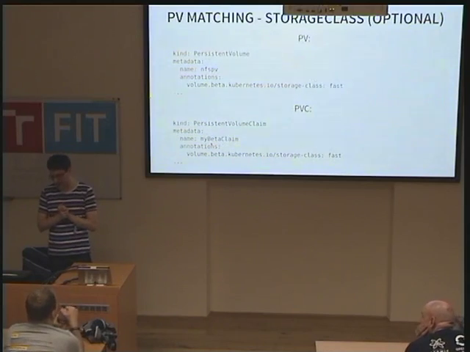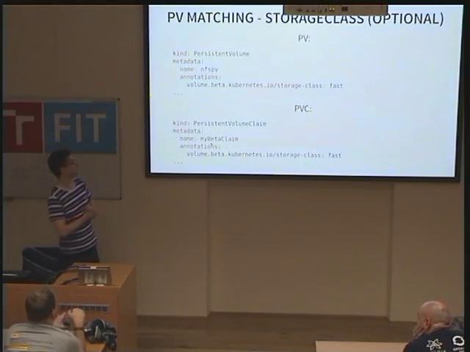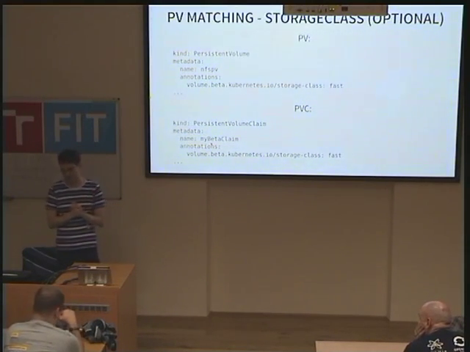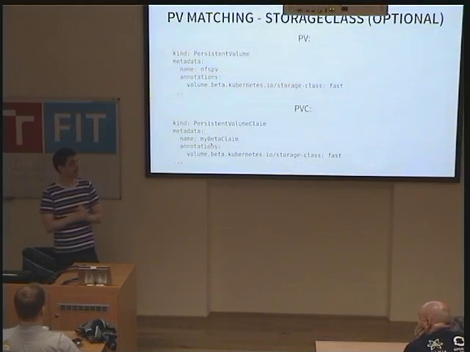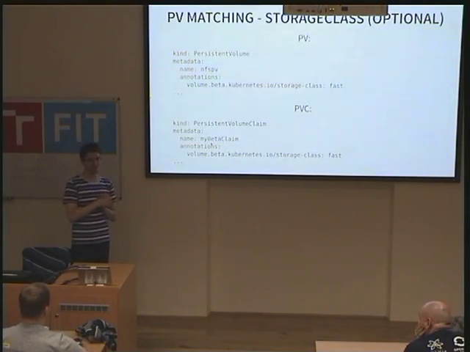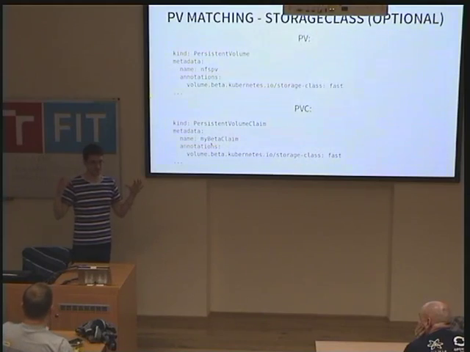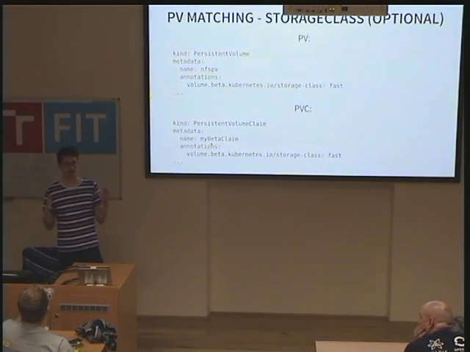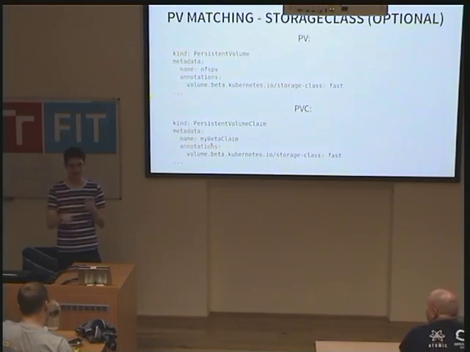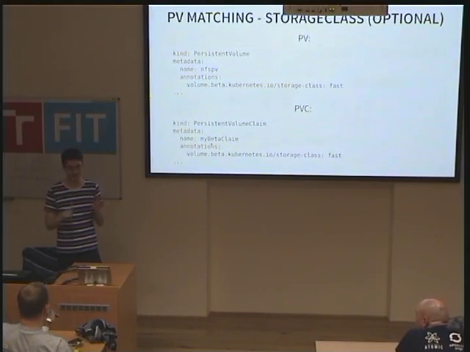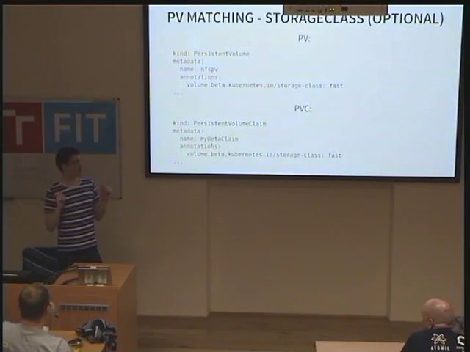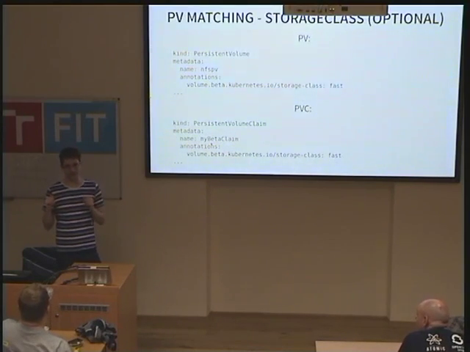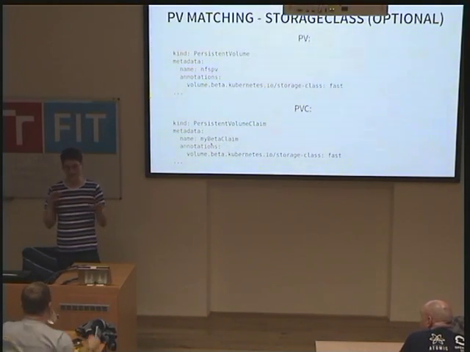Then you can require a storage class. A storage class is a quite new concept in OpenShift, and a storage class puts together volumes with the same characteristics like speed or redundancy or price or anything. This is defined by the cluster administrator, what classes he wants.